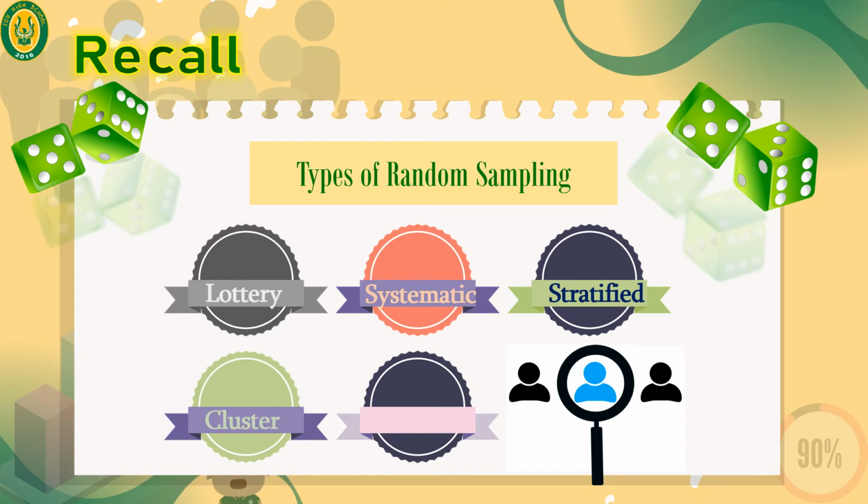And we also have cluster. Cluster is quite similar to stratified, but a cluster does not necessarily fixate on a certain characteristic. Maybe it's something that's common to a certain group.